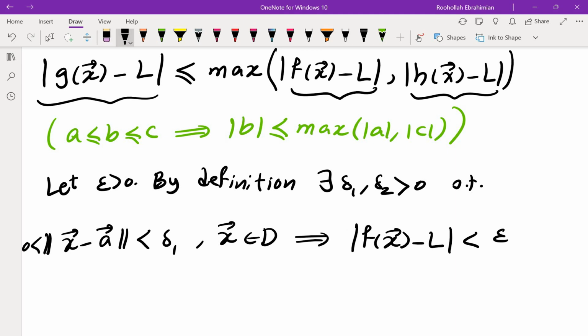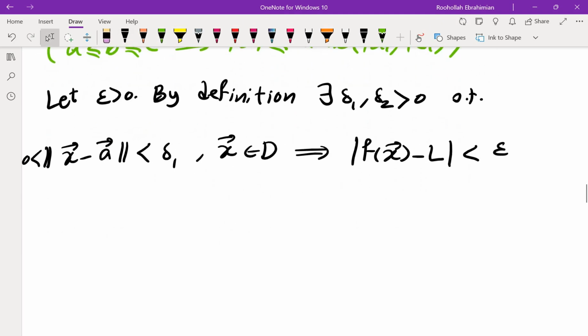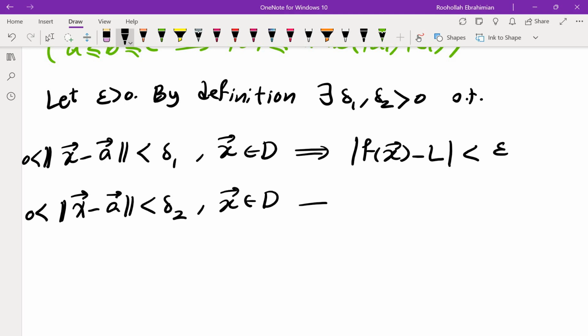That's basically going to be enough, because I want to make sure this is less than epsilon and this is also less than epsilon. So that's good enough for now. Now we'll have to do the same thing. So if the norm of x minus a is less than delta 2 and x is in D, that implies the distance between h of x and L is less than epsilon.